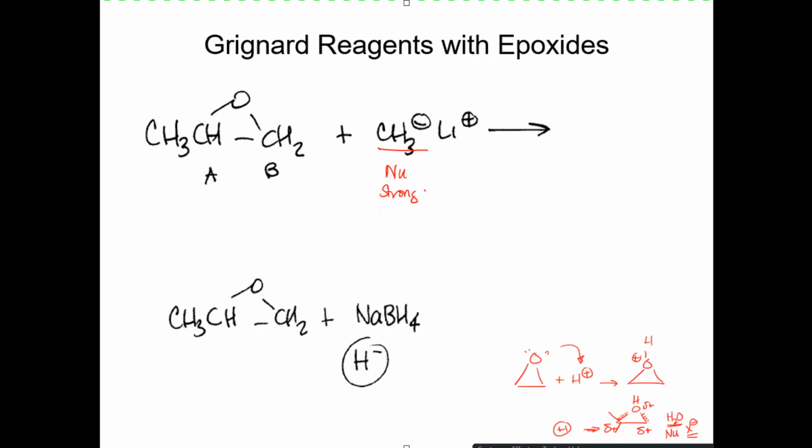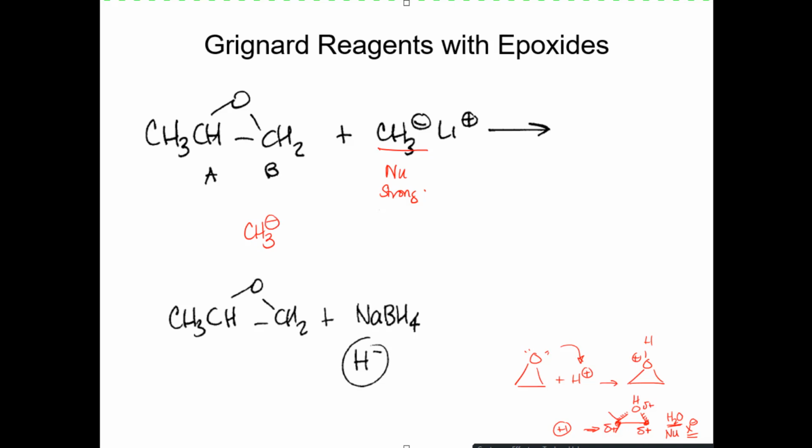It needs the epoxide to be protonated to put more delta positive charge on these 2 carbons to allow the water and the halide to actually open up the epoxide and attack those 2 carbons. In this case, this is a strong enough nucleophile to directly attack those carbons.